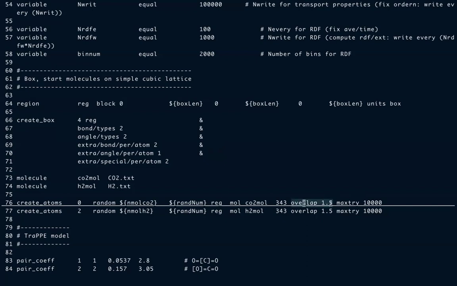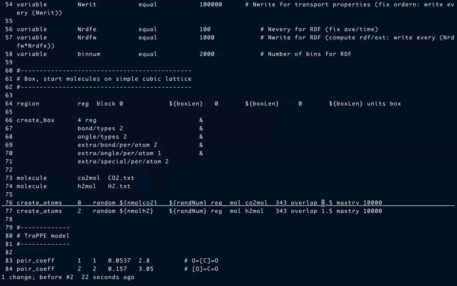So for example, if I said the overlap should be greater than, say, 20 or 40, then what you're telling LAMMPS is that when you place any two molecules, they should not be within 40 angstroms of each other, which is usually not a difficult case if you're simulating gas, but if you're simulating a liquid where the density is high, then this will be a hard condition to satisfy.